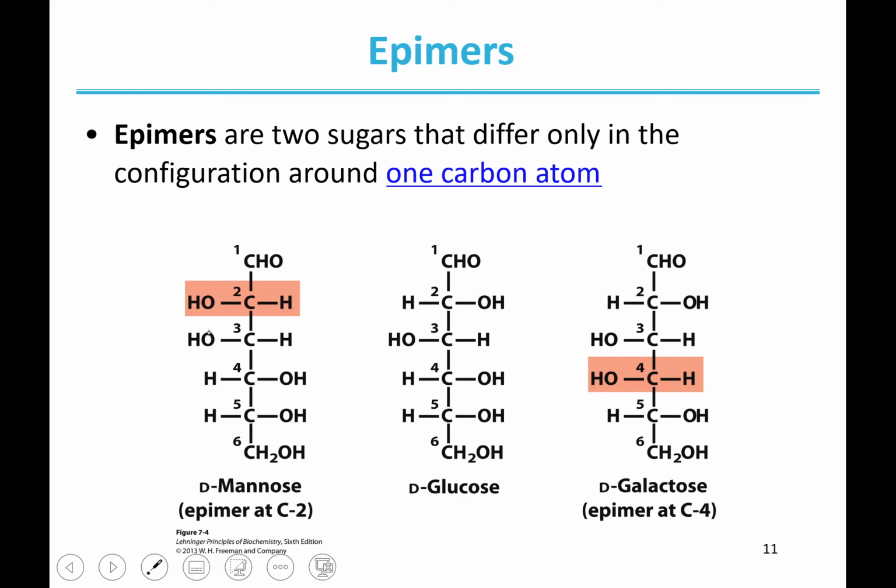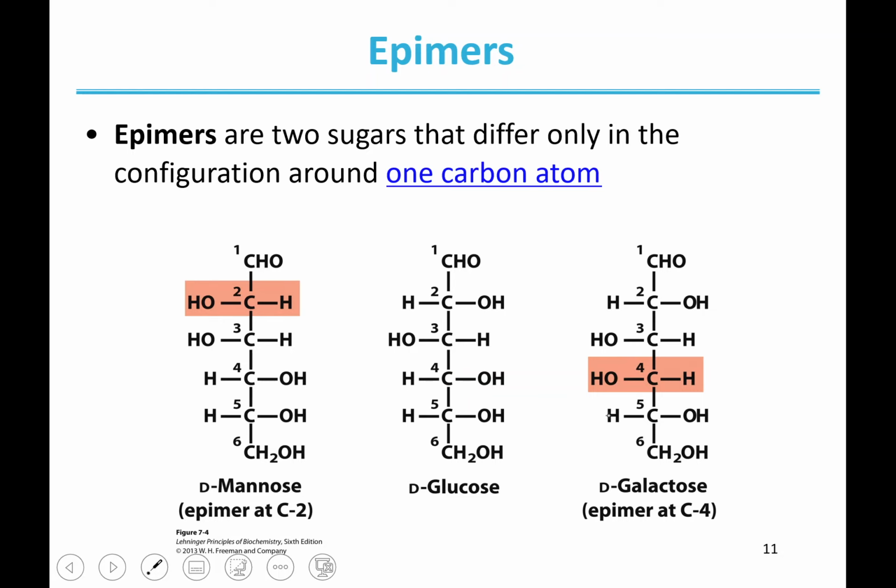So that's an example of an epimer, which is just a special kind of diastereomer. It's only differing at 1 carbon. Another example of that is D-galactose, which has the pattern of right, left, left, right. So again, 1 carbon difference compared to glucose. That carbon 4 now, instead of being on the right, the OH group is on the left.